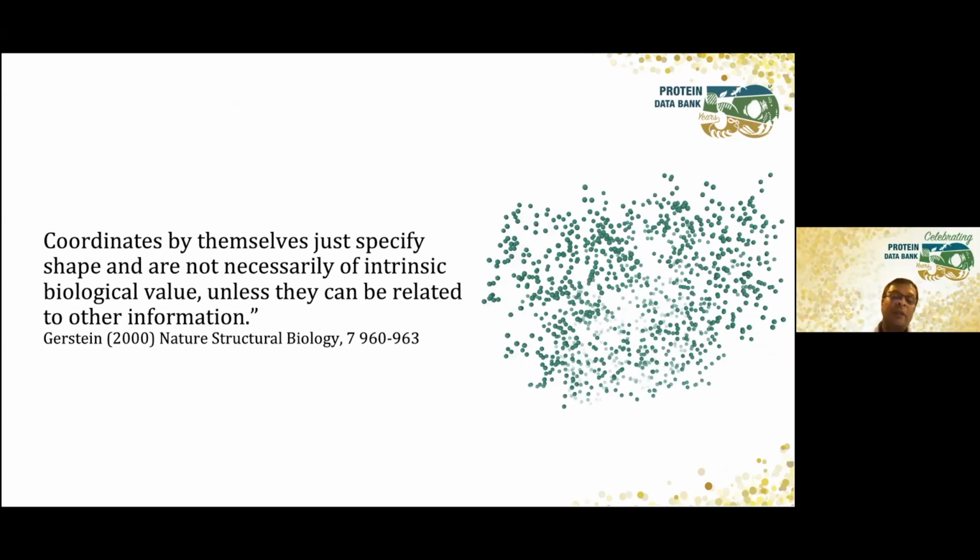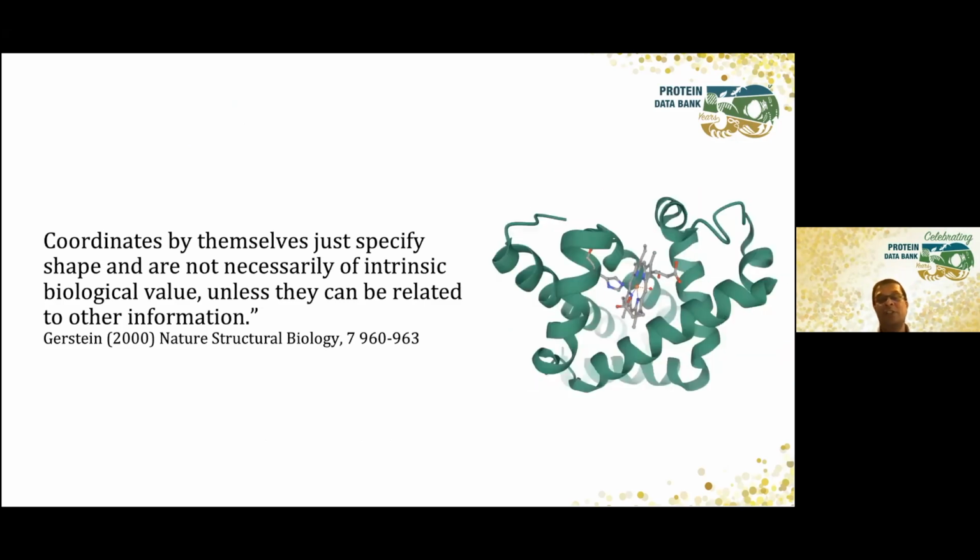But once we have access to these models, it's really just 3D points in space. And what we need to do is actually add some biological annotations on it so that these 3D models become meaningful.